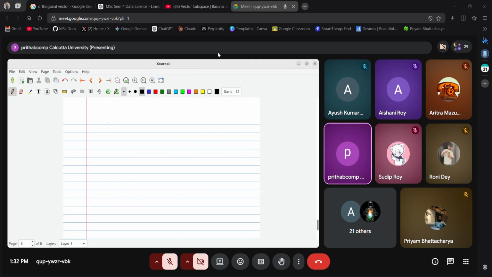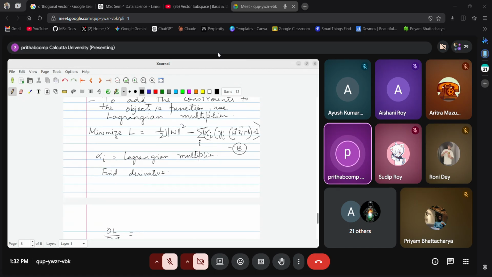Yes. So we do it with respect to this unit vector. Now you will see what is the advantage of having it. When you take the derivative of this with respect to w, this 2 comes out.